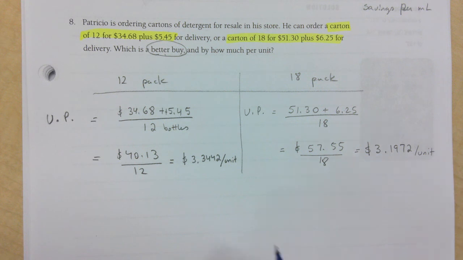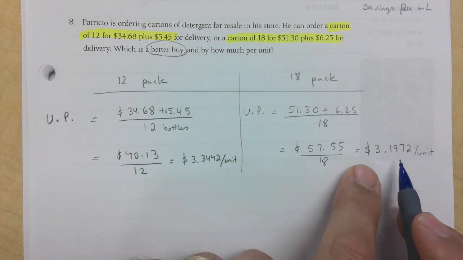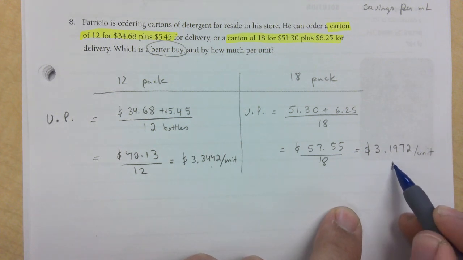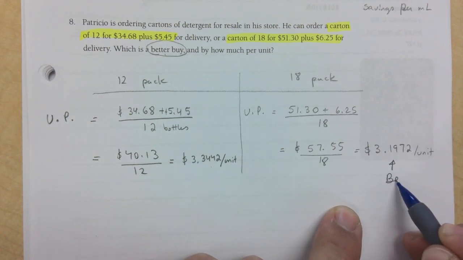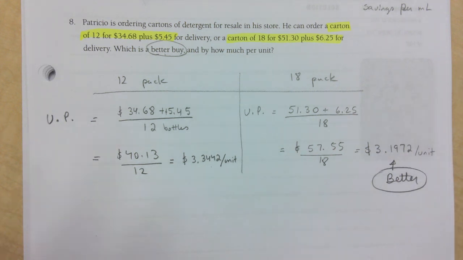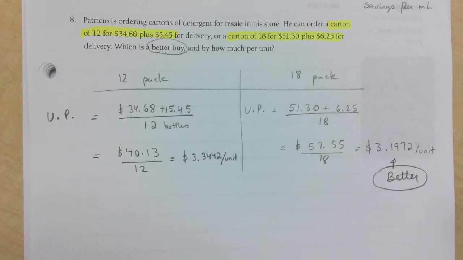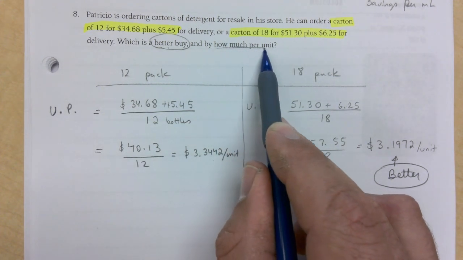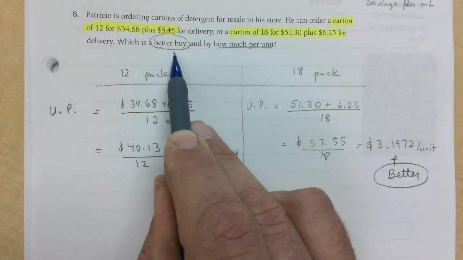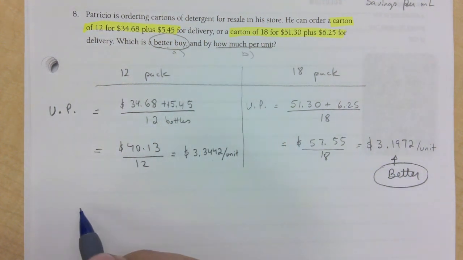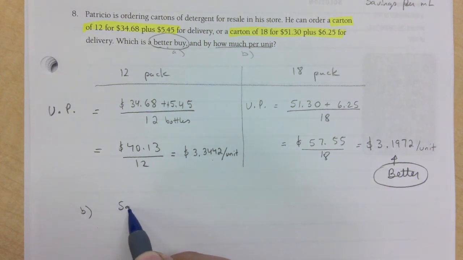Okay, so out of these two, it's obvious that this one is cheaper. Not by much, but it's better. So you would have to say this is better. Okay, clearly indicate that that one is better. By how much? Because it says by how much per unit. So that's kind of like this is the A part and this is the B part of the question. So B would figure out the savings.